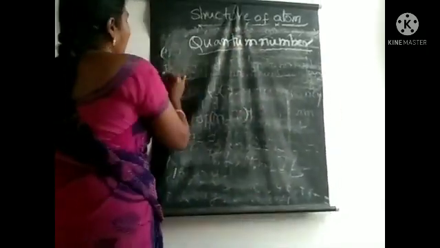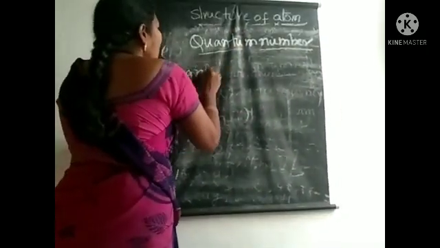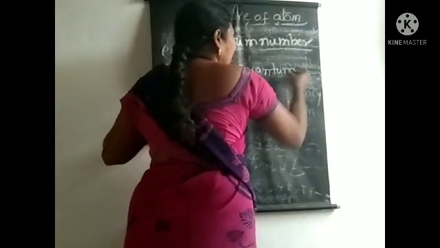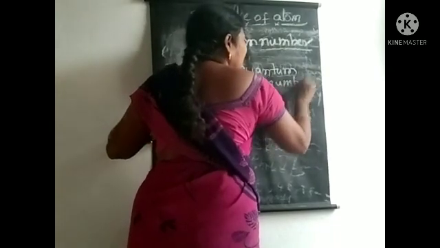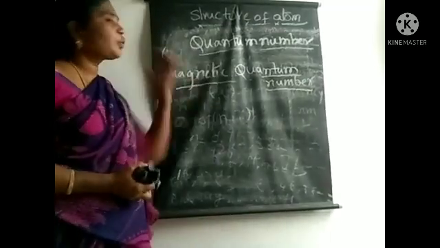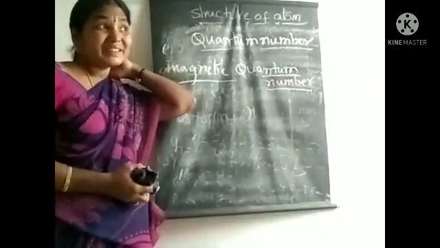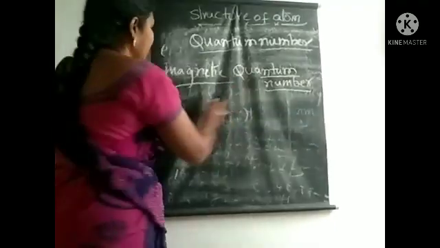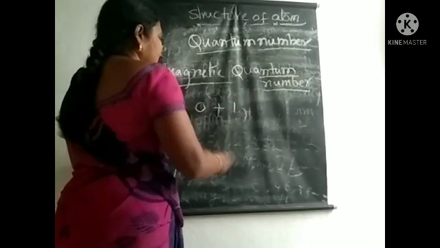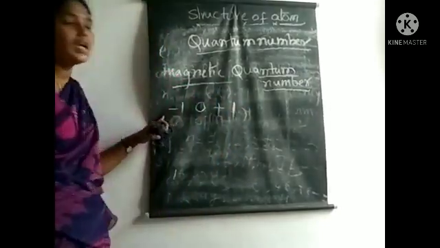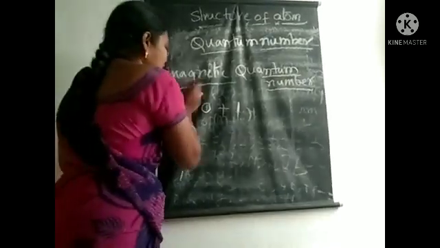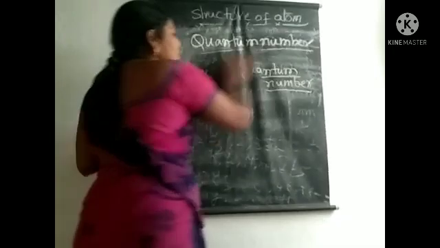It is represented by minus values, including 0, and plus values. So these are the quantum numbers in your syllabus.